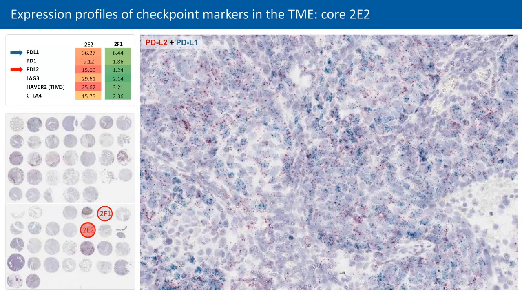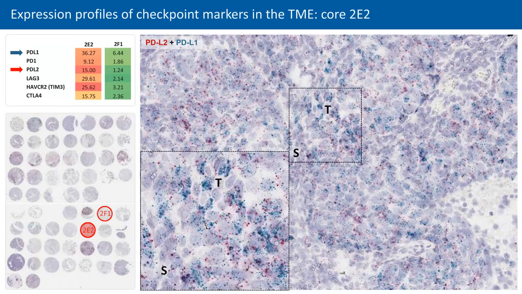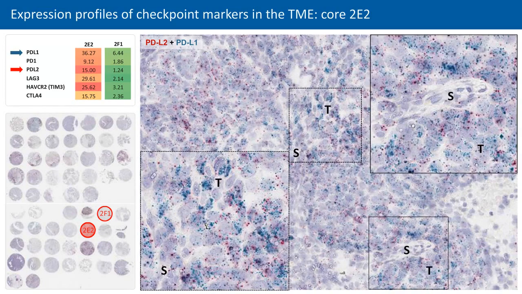Green punctate dots for PD-L1 mRNA expression and red dots for PD-L2 expression are visible in both tumor and stromal areas, which is especially clear from these higher magnification insets. Also noticeable is the co-expression of PD-L1 and PD-L2 in the same tumor cells, with arrows in both insets indicating some tumor cells with PD-L1, PD-L2 co-expression.